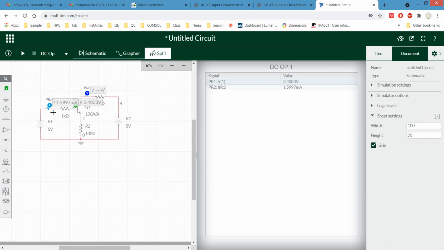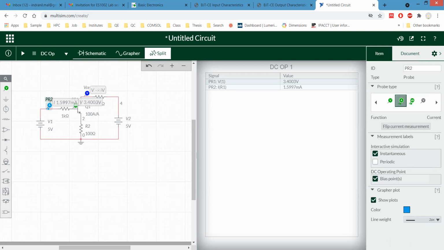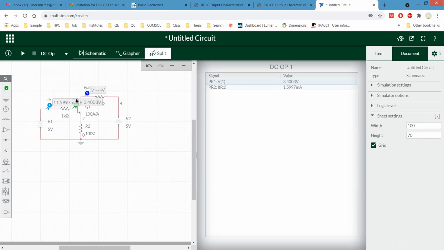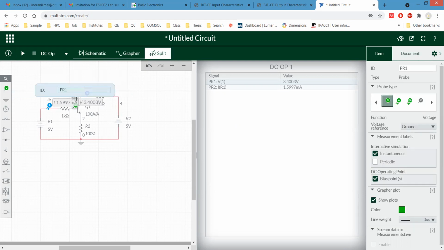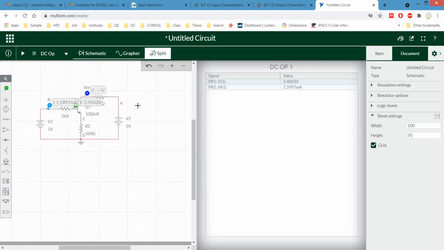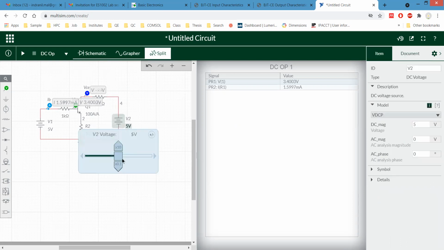And this one is not probe 2, this is the base current, this will be IB. And this one is VBE, the base-emitter voltage. Okay, now just change the voltage. Let's say we have considered it as 1 volt. Okay, 500.